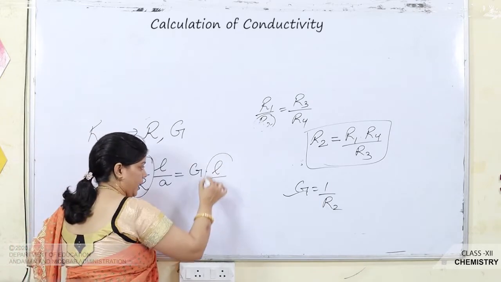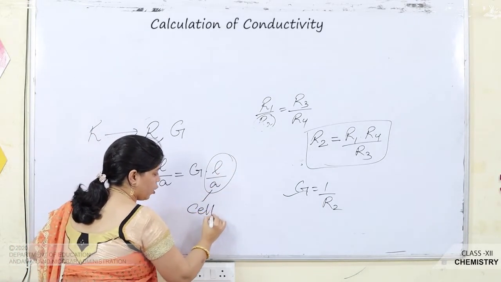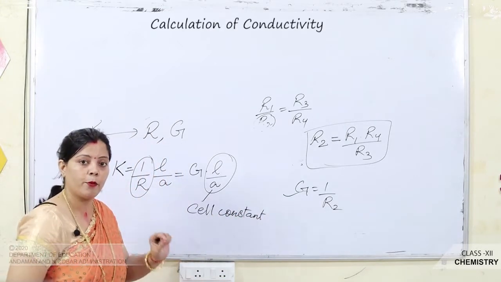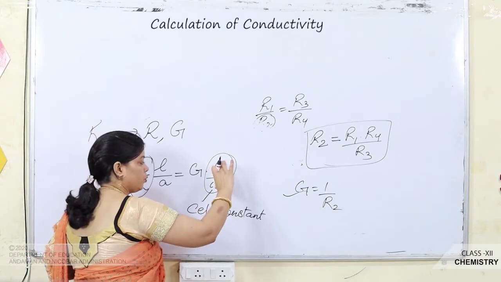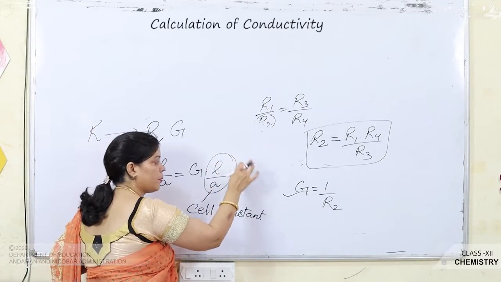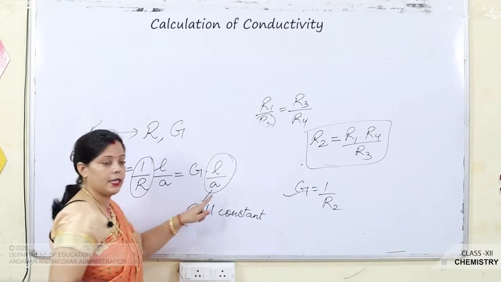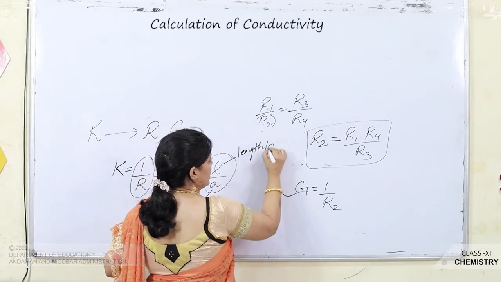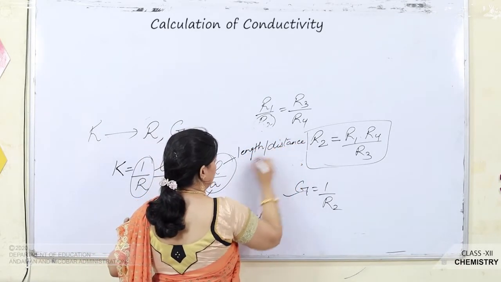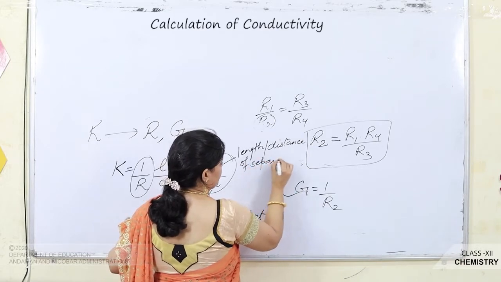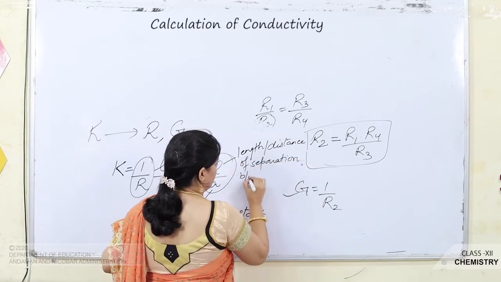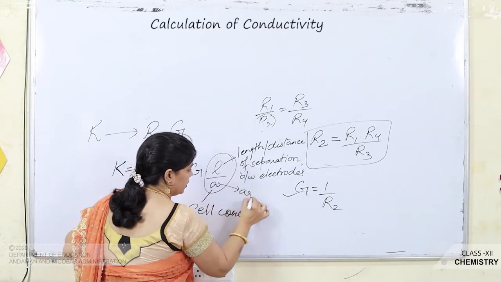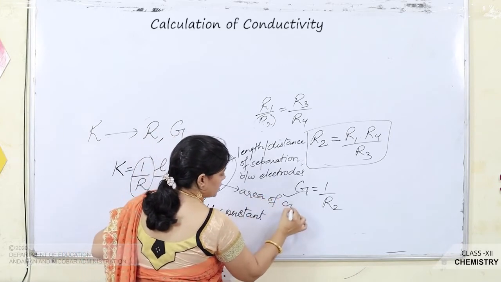Here L by A is named the cell constant, because for a particular type of electrolytic cell, the L, the distance of separation between the electrodes placed in the conductivity cell, and the A, the area of cross section, have fixed values.